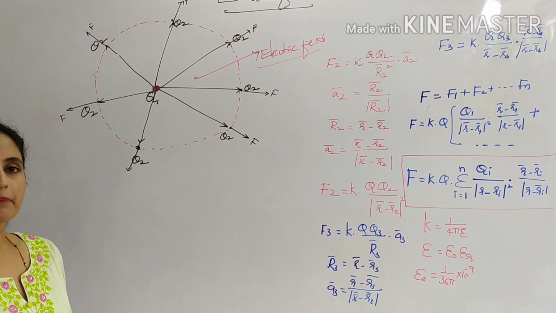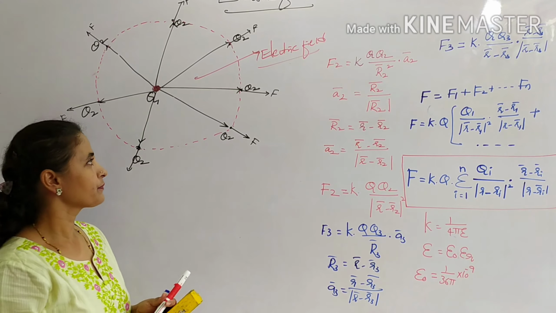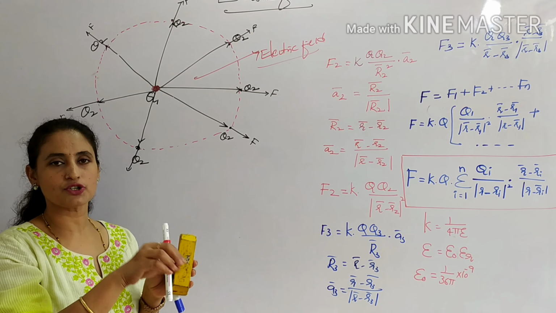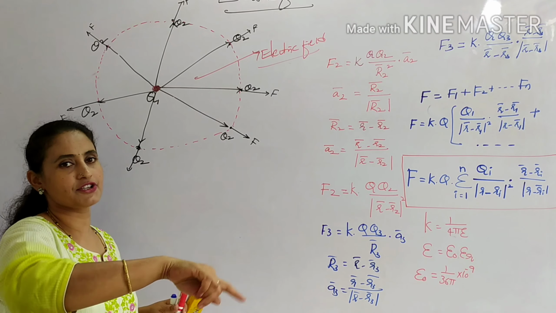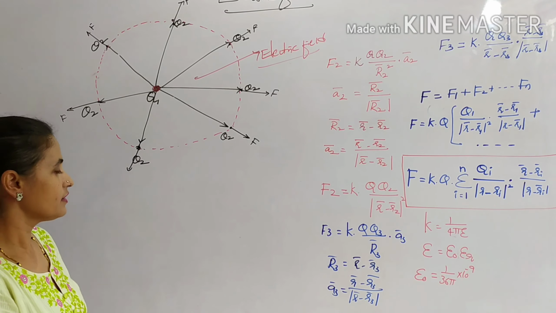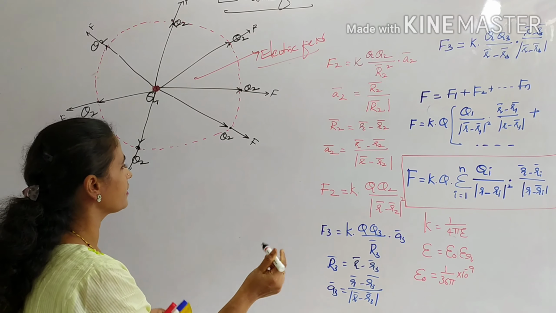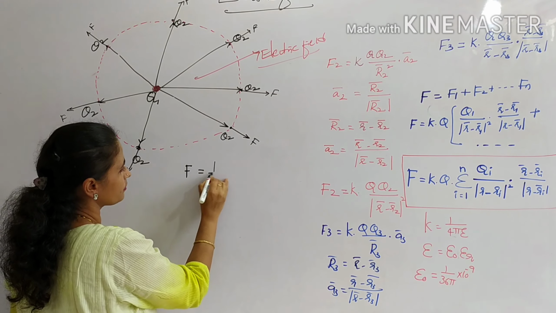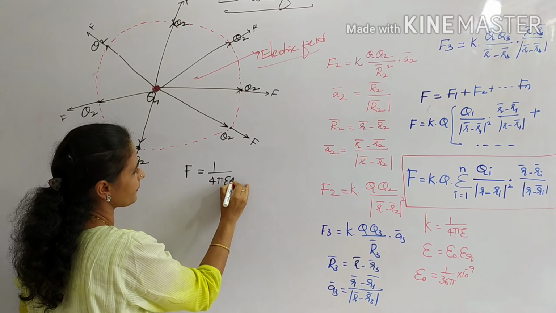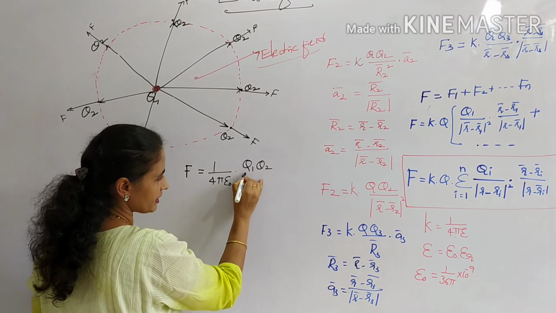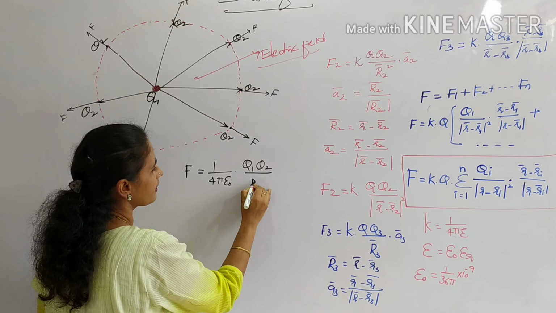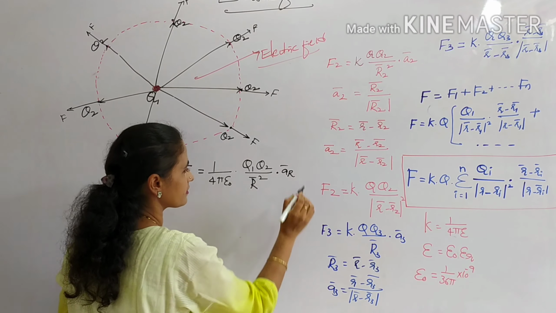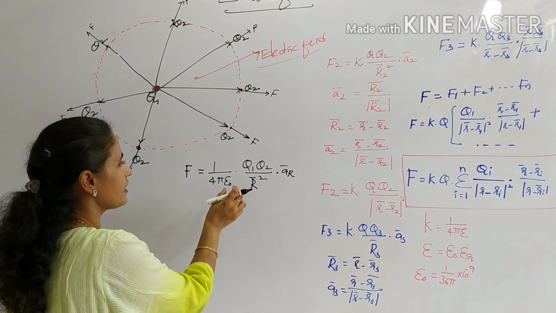Then how do we obtain the equation of the electric field? Obviously, the electric field equation must be derived from the force, because it shows some force on the charges in its region. We know the formula for the force: F equals 1 by 4 pi epsilon naught, Q1 Q2 divided by R square, into the unit vector a_R, right?